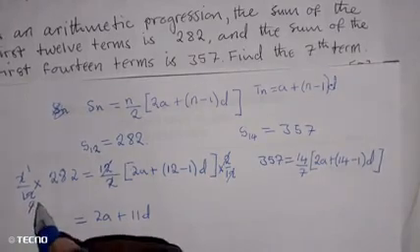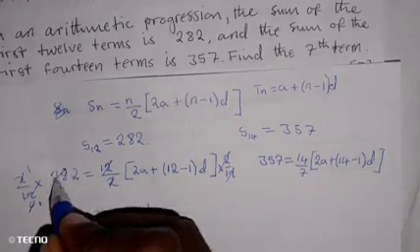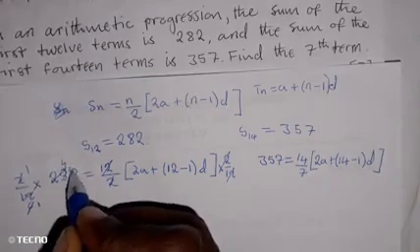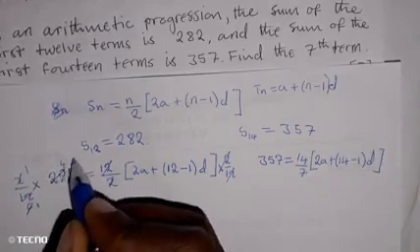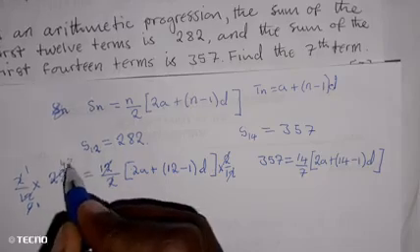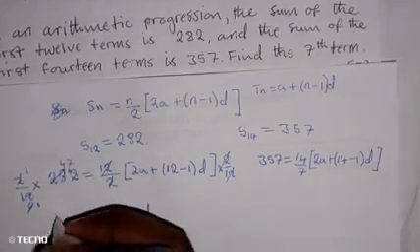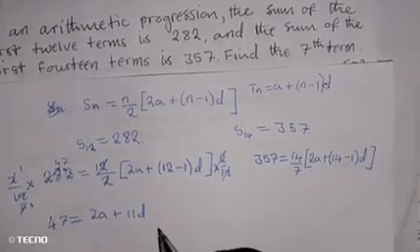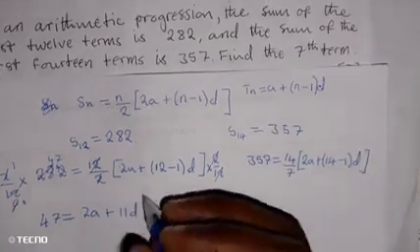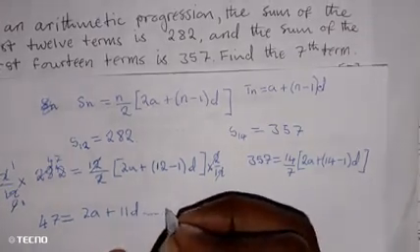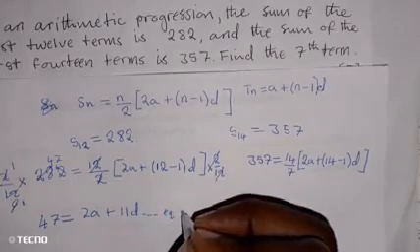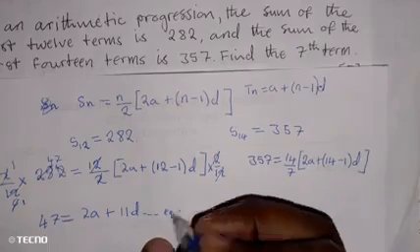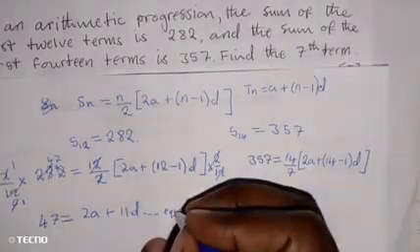The remainder is 4, and we get 47. So this is equation 1, the first equation.